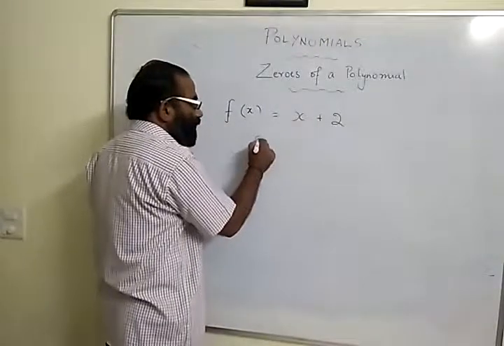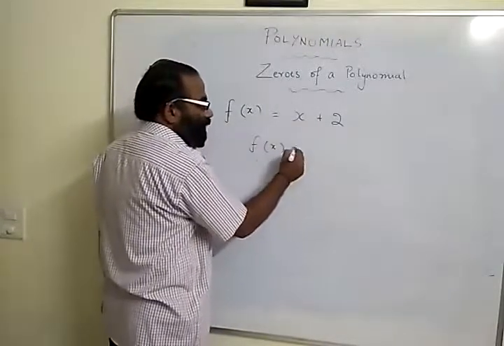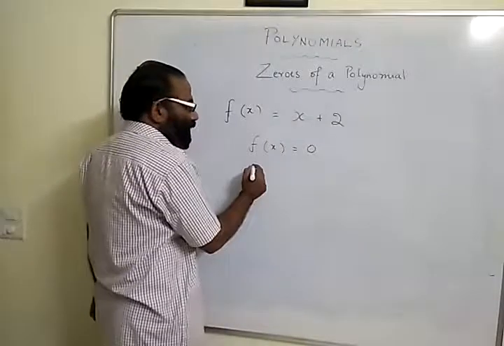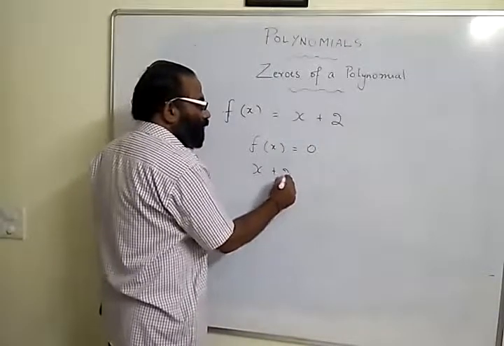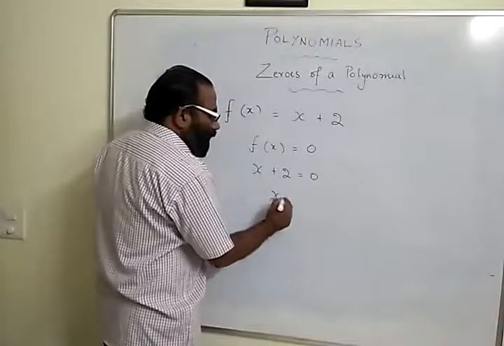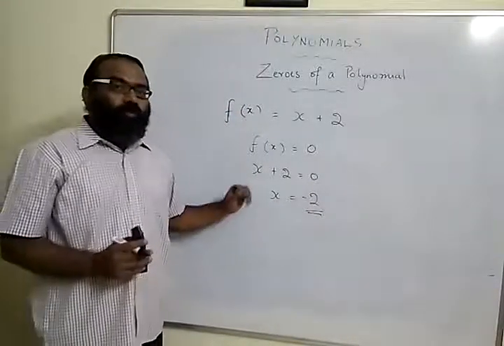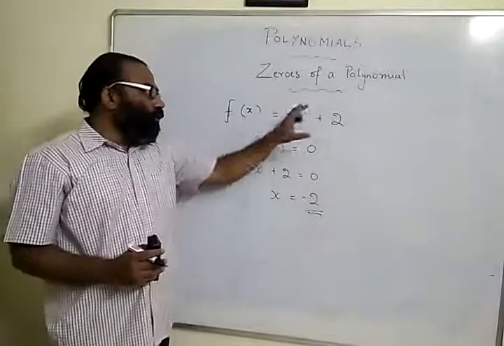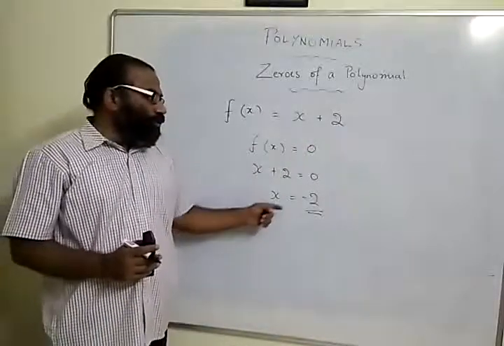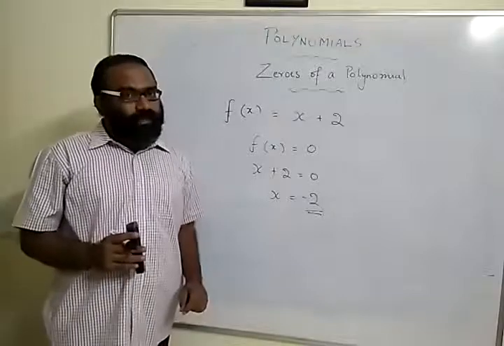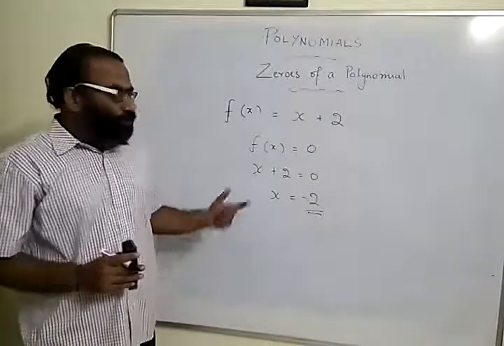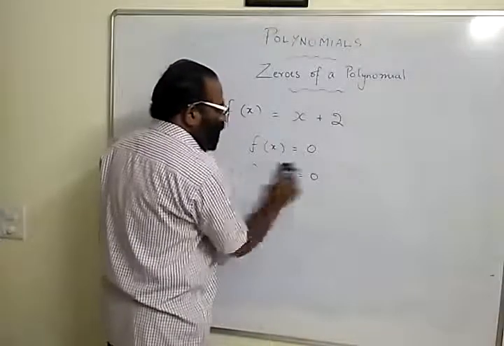So I can write this as f of x equals 0. So what is f of x? x plus 2. So x plus 2 equals 0, x is equal to minus 2. So when x is equal to minus 2, the whole polynomial becomes 0. So minus 2 is the 0 of the polynomial. With this in mind, let us do a few problems.